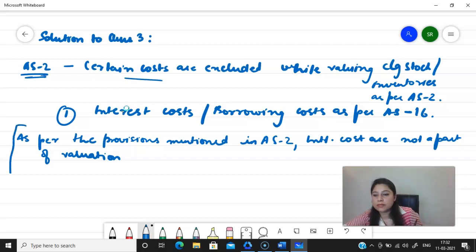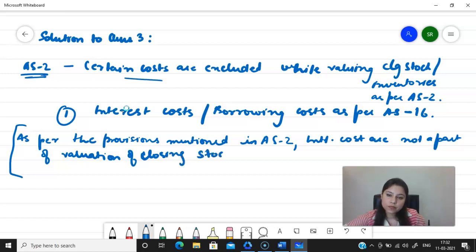So this is the conclusion paragraph that I'm stating here: as per the provision mentioned in AS 2, interest costs are not a part of valuation of closing stock of the business.